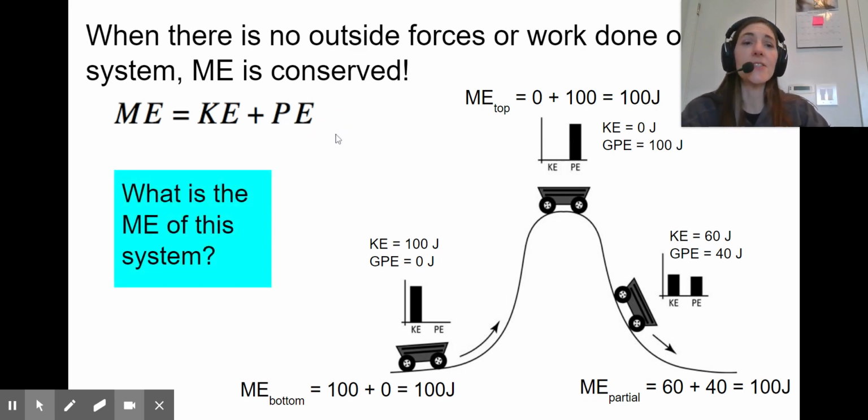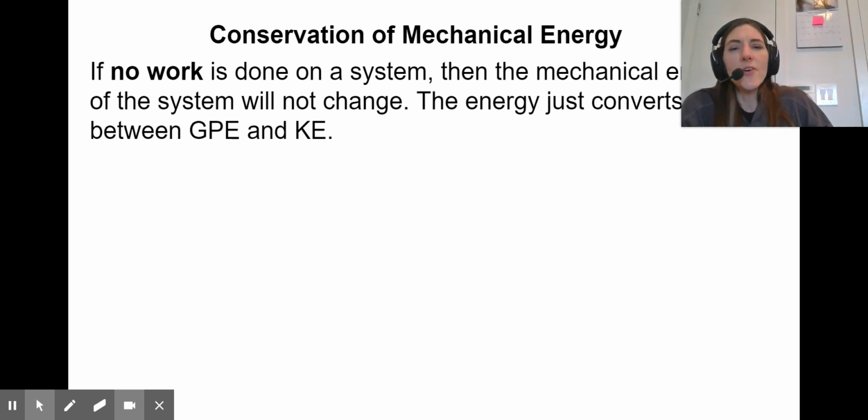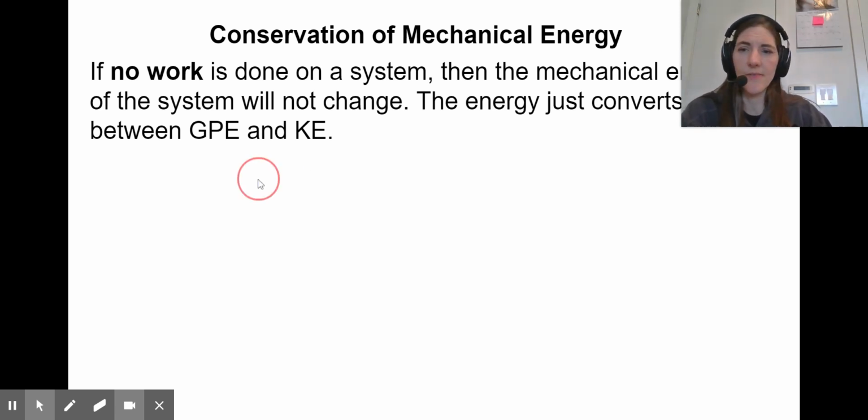The mechanical energy of the system is 100 joules at any point since it's conserved. So again, if there's no work done in the system, the mechanical energy of the system won't change. So we can use that mechanical energy to find kinetic energy, potential energy, velocities, and heights, because the total mechanical energy of that system is not going to change.